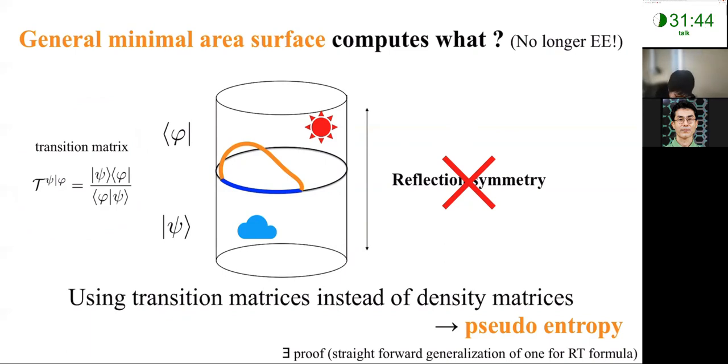And since this is quite a simple replacement, we can give a proof of this type of formula, namely that computing the pseudo entropy can indeed compute these types of more general minimal area surfaces on the gravity side by assuming the AdS/CFT correspondence. But since today I'd like to discuss more applications to condensed matter physics, let me skip the details.